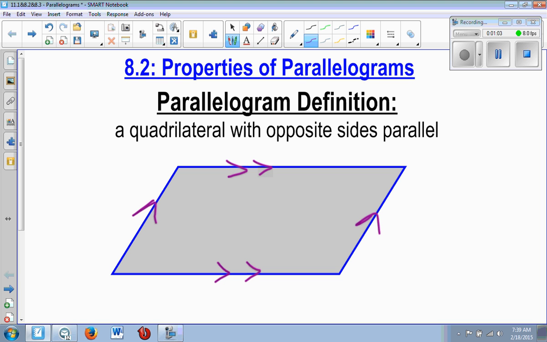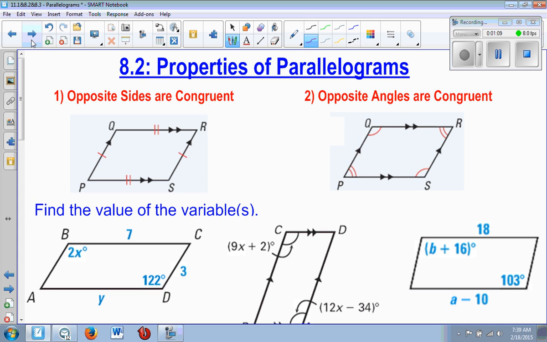Now what we learn with a parallelogram is that we have a definition that the opposite sides are parallel, and what that does is it feeds into several different properties that also end up being true. One of those properties is that the opposite sides are congruent to each other. So in my first picture on the top left, my top side QR and my bottom side PS are a pair of congruent sides.